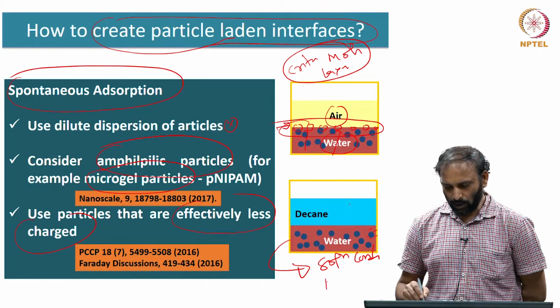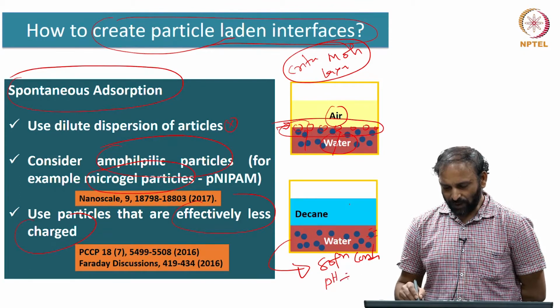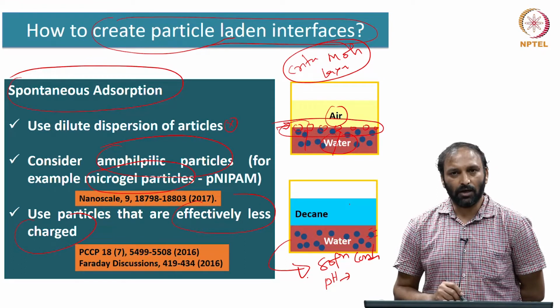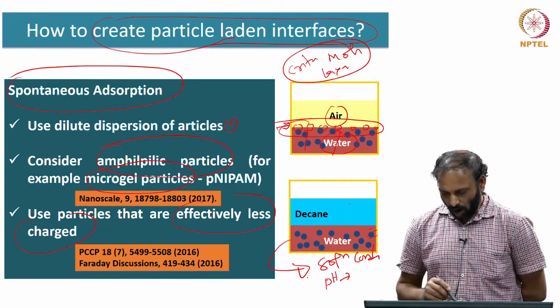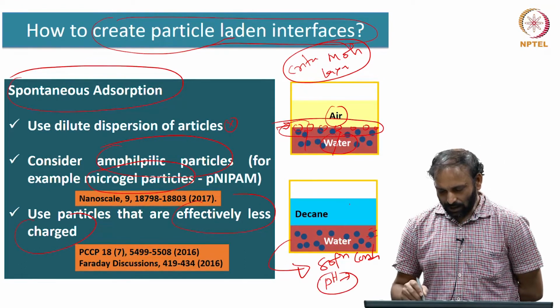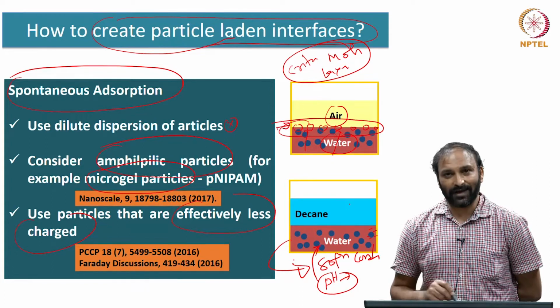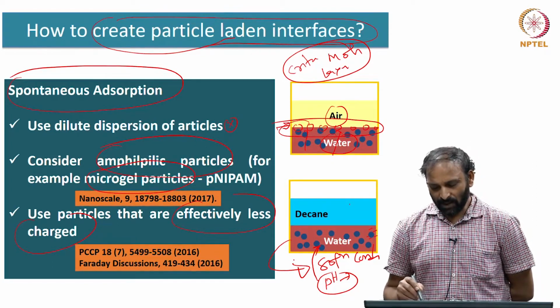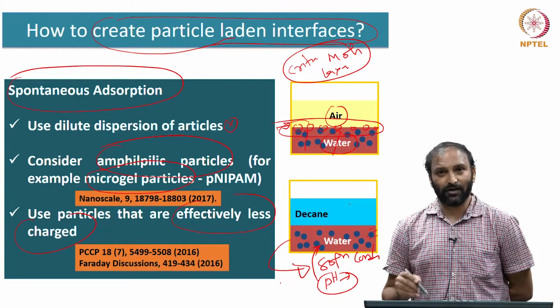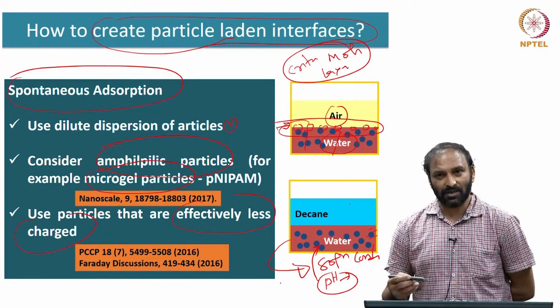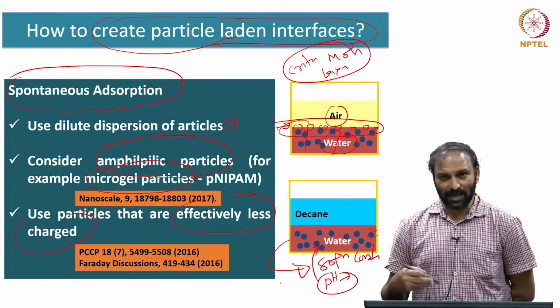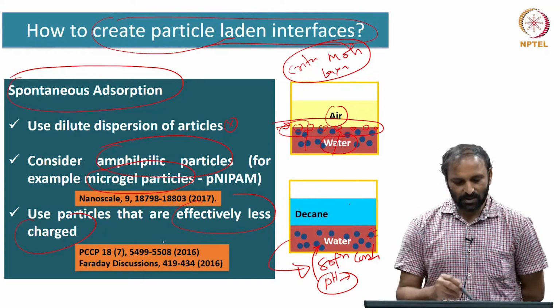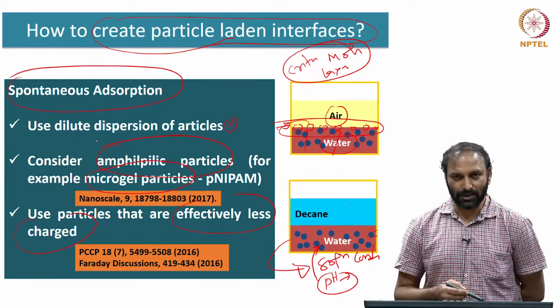For example, one could consider a pH where the particles have a low charge, or you could add a small amount of electrolyte, and the fact that the addition of electrolyte reduces the electrical double layer interaction, okay, that enables the spontaneous adsorption of particles at the interface.